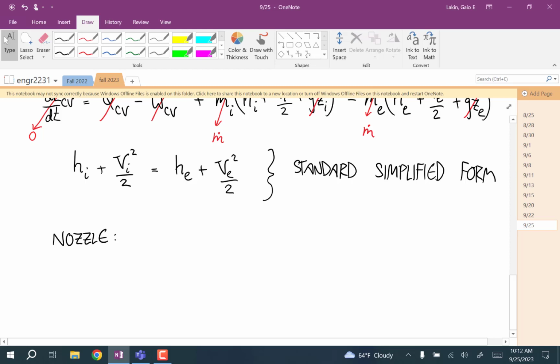So I'm going to organize this as h_i minus h_e is equal to V_e squared over 2 minus V_i squared over 2. I have it organized so that both sides of the equation are positive.